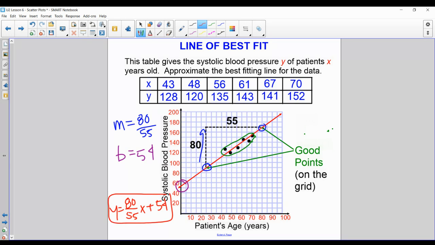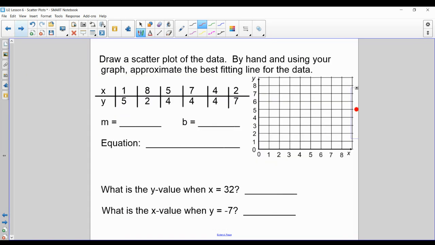Okay, we're going to do a couple more so that you can see how to do this. If I look at this, okay, so now there's just a set of data so that you can see it stripped down to its easiest information. So I want to draw a scatter plot.